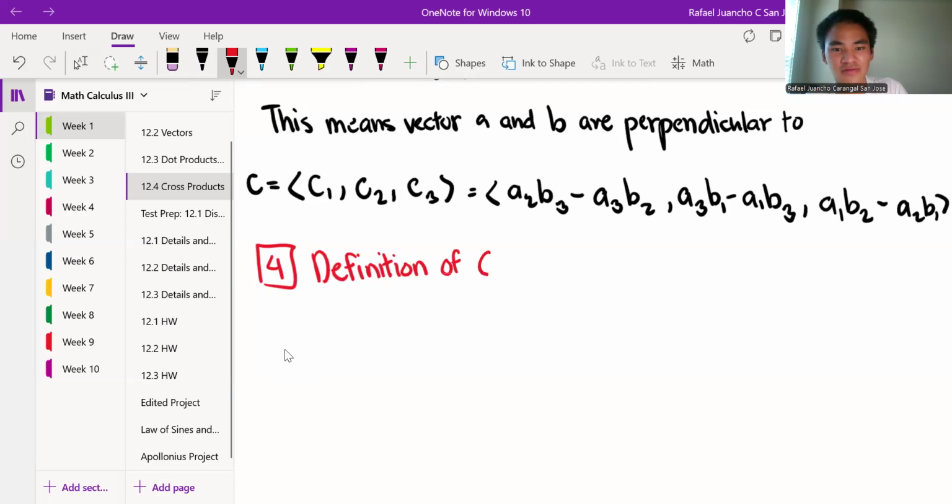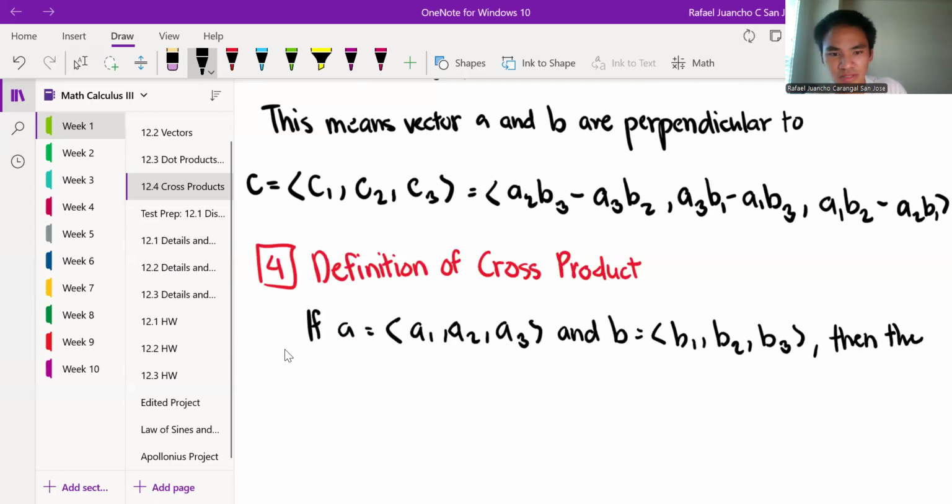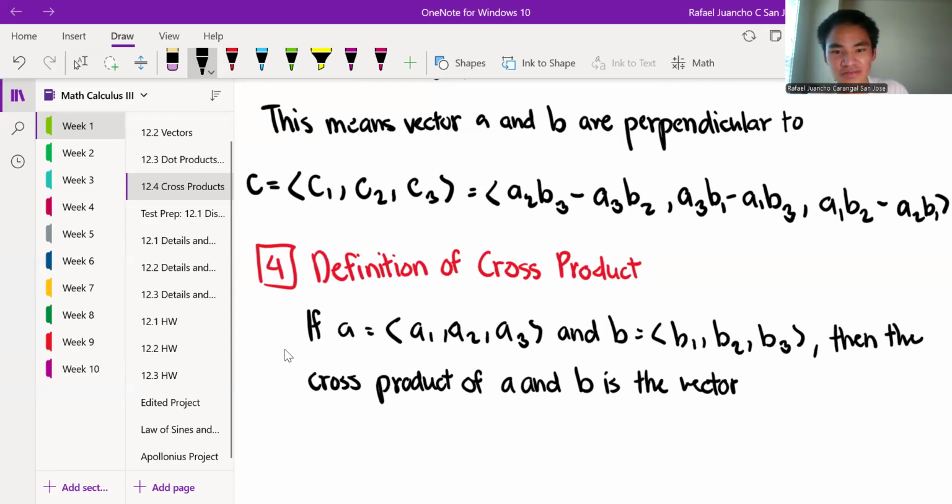So basically the definition of cross product: if A has components A1, A2, A3, and B has such components, then the cross product of A and B is the vector, so funny enough, it's a vector.